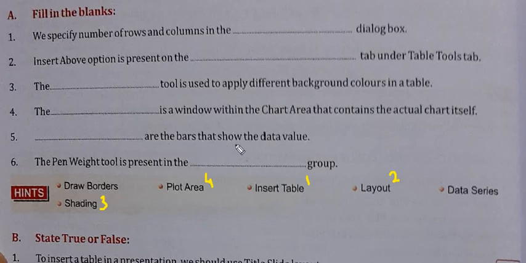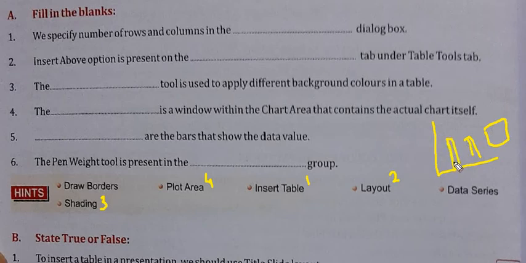Now next, dash are the bars that show the data value. What is it? I told you, in a graph, whatever things we are drawing, bar or chart, whatever color or pattern we define with different colors, all these are described through the legend, right?